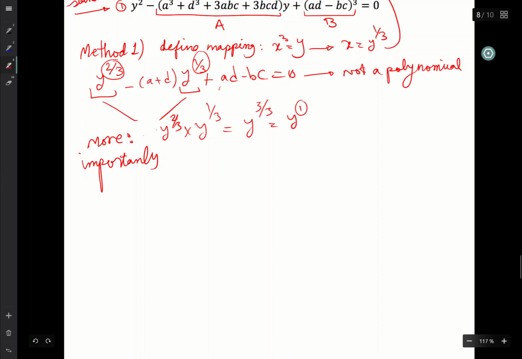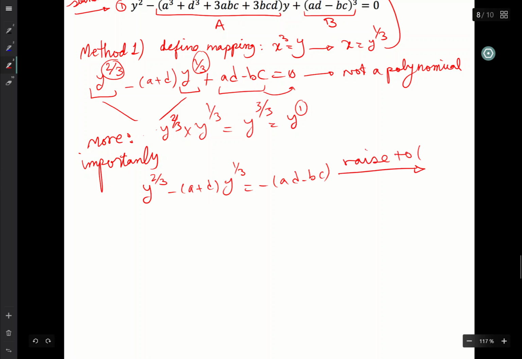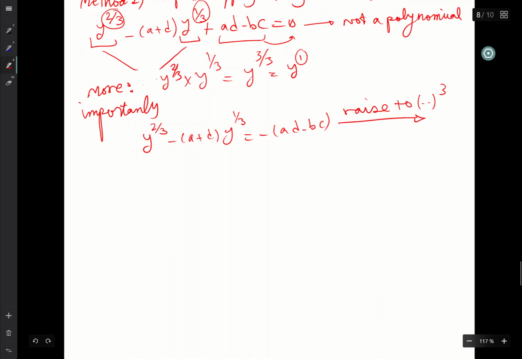Let's bring the ad minus bc to the other side. y to the 2/3 minus (a plus d) y to the 1/3 is minus (ad minus bc). And raise everything to the third power. What happens? We know that (x plus y) to the third is x cubed plus y cubed plus... okay, I'm going to use u and v to not get confused with the small ones.